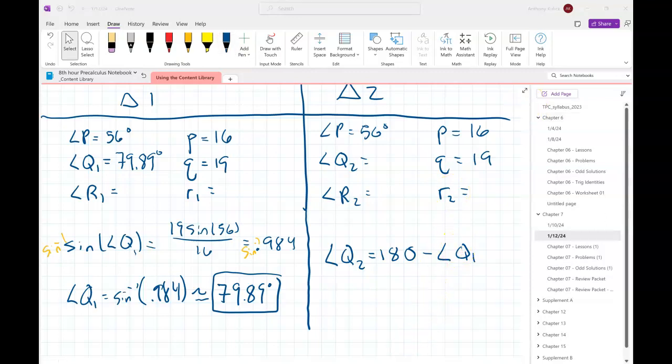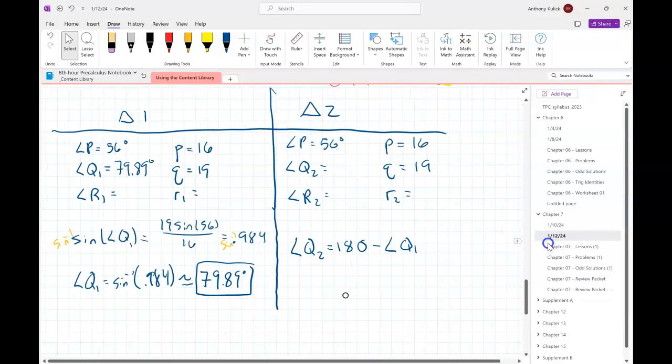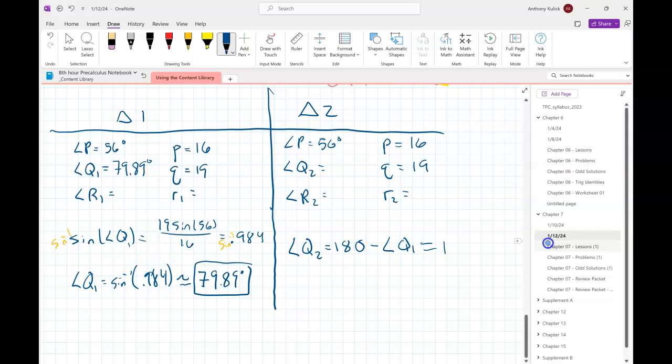This is only true for the first angle you solve. So when I do that, I get 100.11.